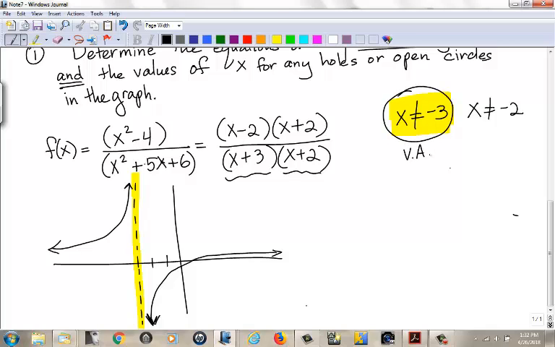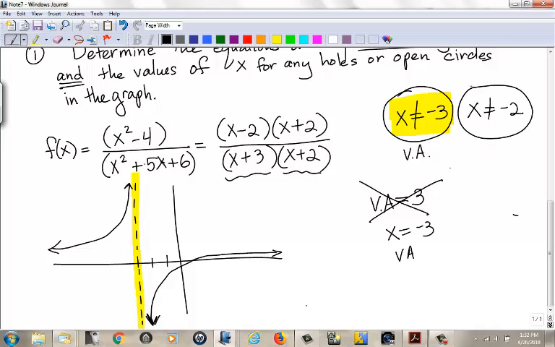This is a vertical asymptote, and we're going to abbreviate it VA. What I will not take, you know Lady Elliot, I will not take vertical asymptote equals 3. A vertical line is x equals negative 3. That's the vertical asymptote. So don't write VA equals negative 3. It has to be x equals negative 3.